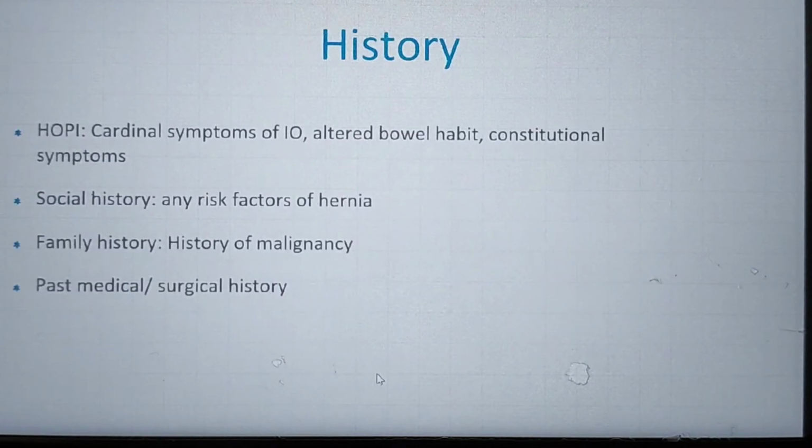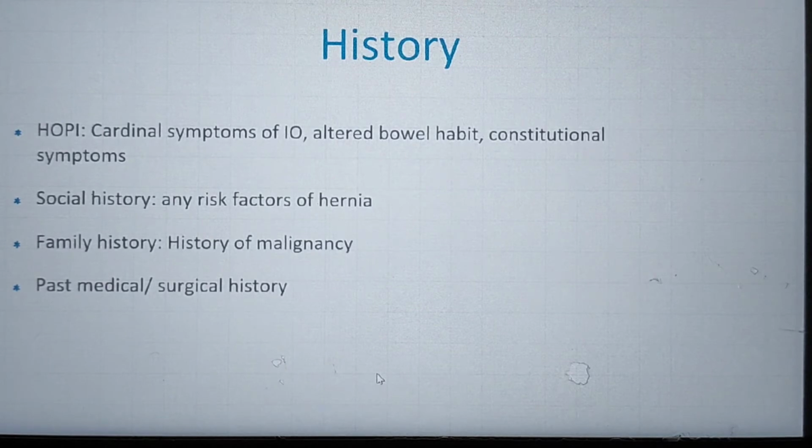Okay, so now how are we going to approach a patient in whom we suspect intestinal obstruction? First, we go from the history taking. The history taking must consist of the cardinal symptoms of intestinal obstruction and the causes of intestinal obstruction if we were thinking of intestinal obstruction. So let's say if we're thinking about malignancy, we need to ask regarding altered bowel habit and also any constitutional symptoms.